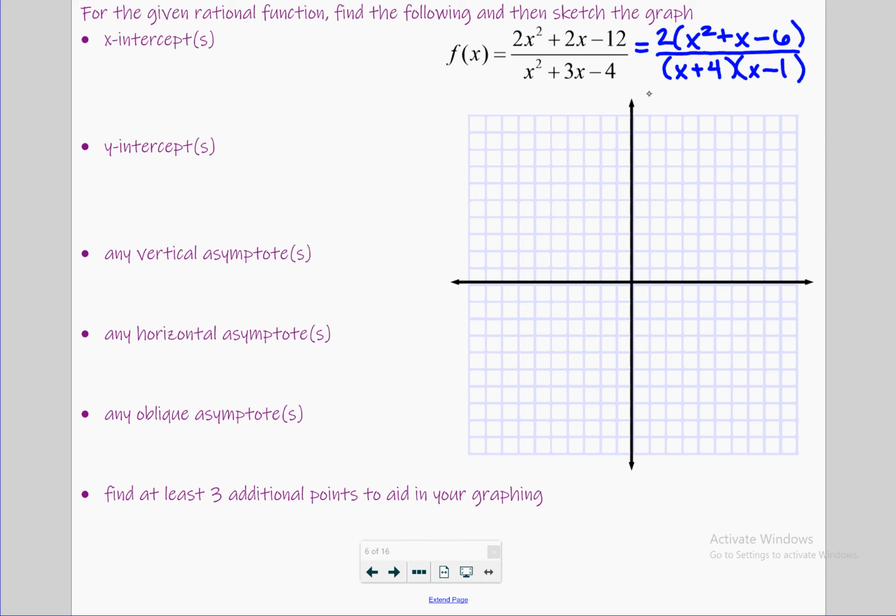Maybe the numerator again? That'll work. Positive 3, negative 2. Does anything cancel? Does anything reduce? So what does that mean? No hole. Yay!